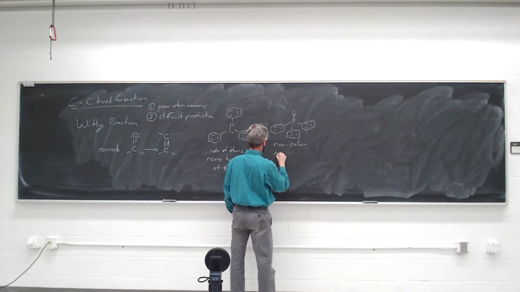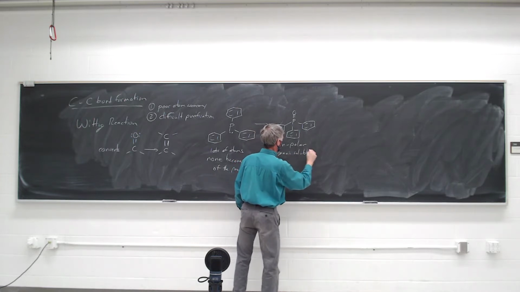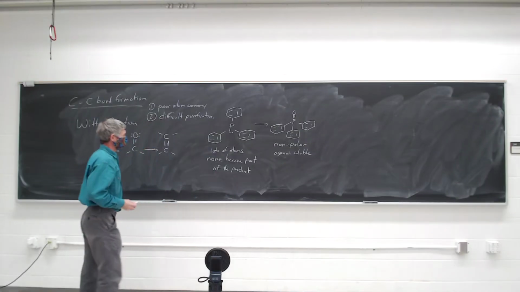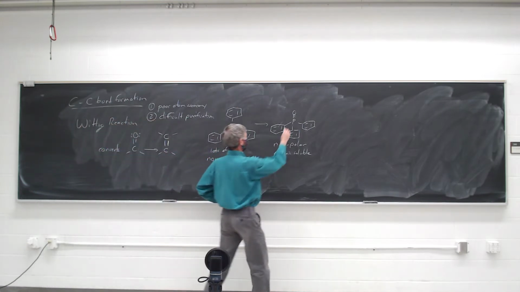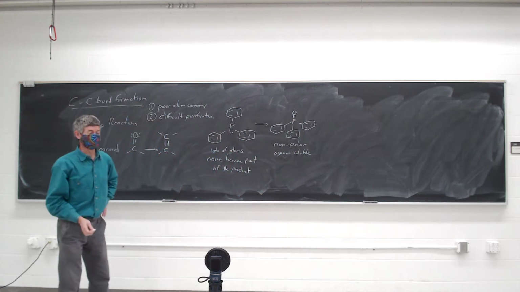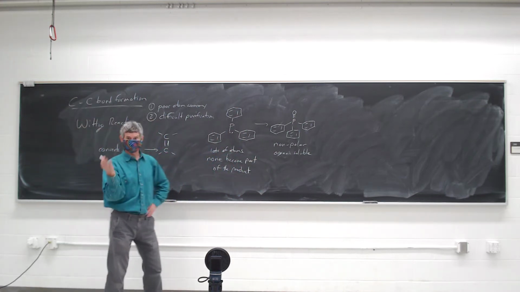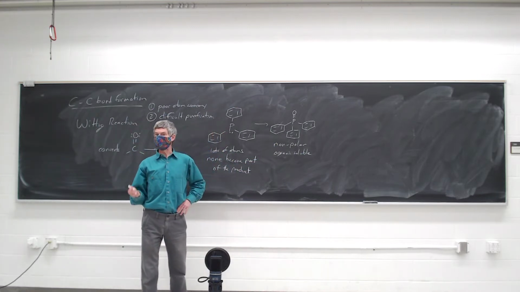It's organic soluble. So the waste product in the case of the Wittig reaction can't be just washed into an aqueous layer and flushed down the sink. And that's usually what we do. Well, not down the sink anymore. Right now we dispose of things properly. But in the old days, you used to just put it in the aqueous layer, pitch it down the sink. This is really hard to separate from your product.